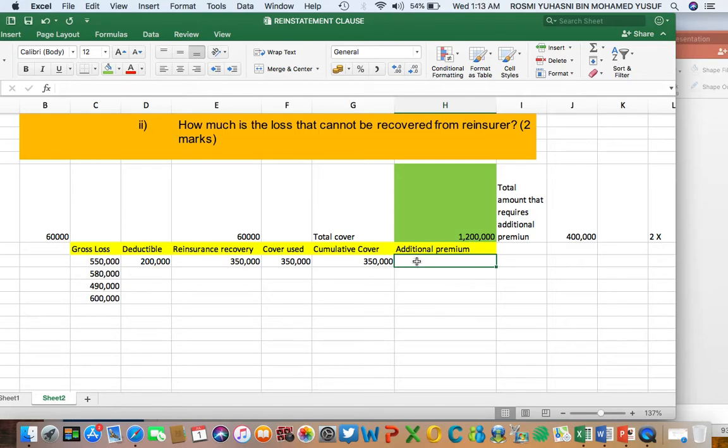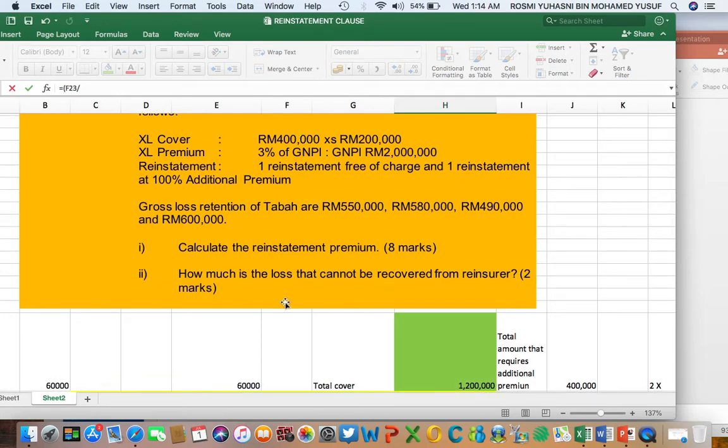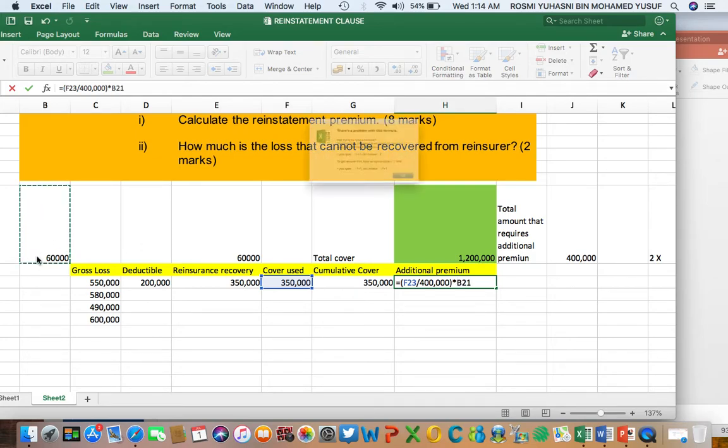So additional premium paid here is equal to, put a bracket, remember, the cover used divided by maximum cover 400,000 times the annual premium 60,000.